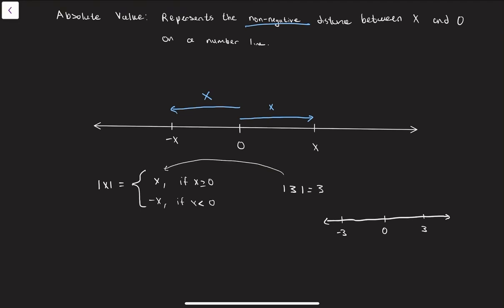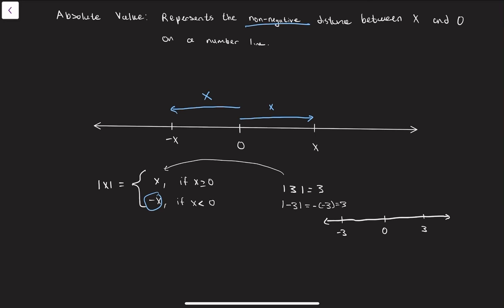But in the case that x is less than 0, let's say we're trying to find the absolute value of negative 3. What does that equal? Well, from right here, we need to input the negative of that value. So we go negative of negative 3, which is equal to 3. So it's positive.